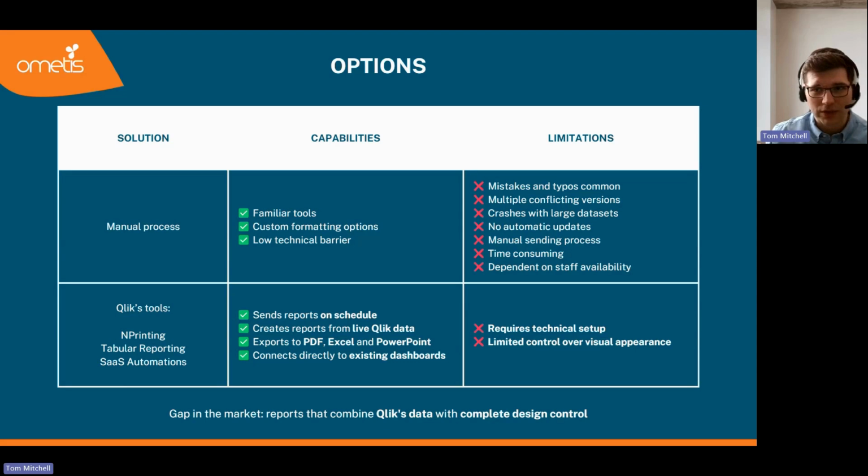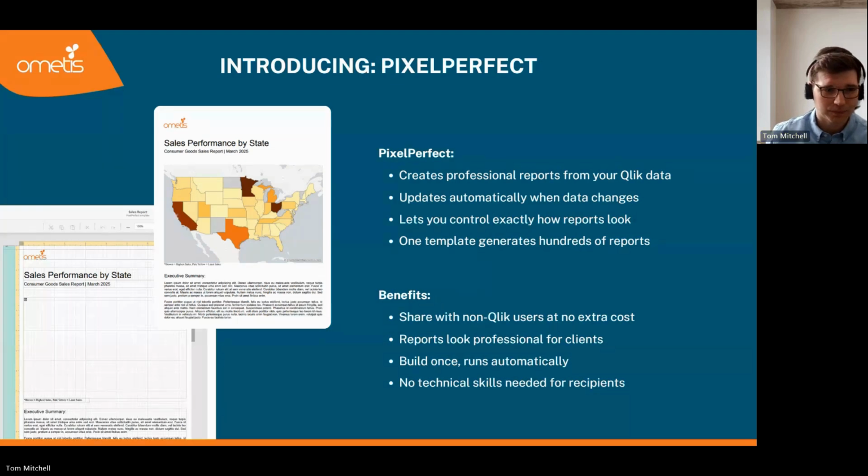As you can see in the bottom left, this includes the locally hosted NPrinting for QlikView and Qlik Sense, SaaS automations, and SaaS reporting services, which itself includes tabular reporting, and more recently, PixelPerfect. Some of the capabilities you can see on the screen there: scheduling, creating reports straight from your Qlik data, and you can export that to PDF, Excel, or PowerPoint. So, really brings that automation to life.